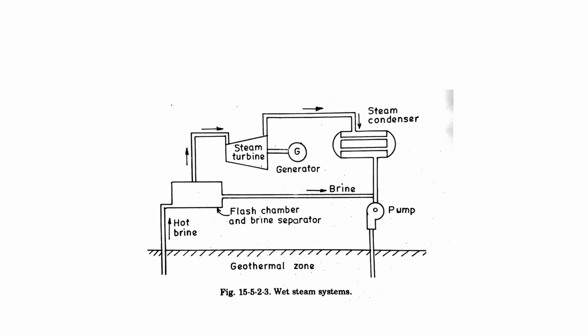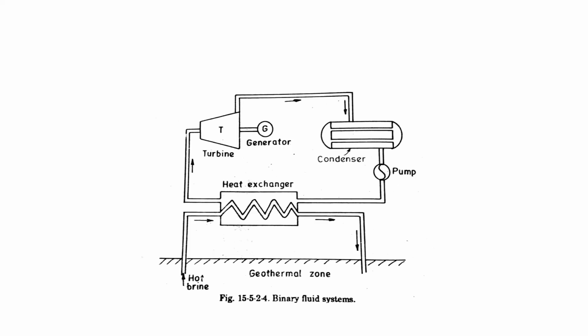In the next diagram, if you look at this, this is a hot solution going there and getting condensed, and it again comes back to the geothermal zone. This is a binary fluid system, as we have been discussing earlier in other cases. Both the liquids will be utilized to operate this geothermal power plant.